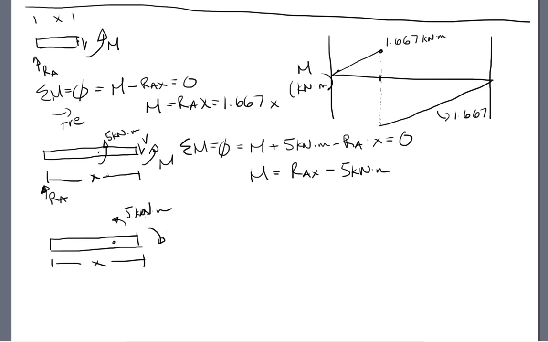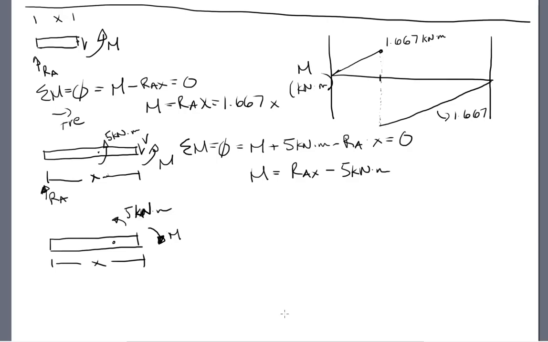To counteract that, because it's static, right? Remember, nothing is moving here. So that tells you that there's a 5 kilonewton meter drop. Once I hit it, in order for static situation to be true, if you have a suddenly applied 5 kilonewton meter load, then you need to apply a negative 5 kilonewton moment load to undo that.